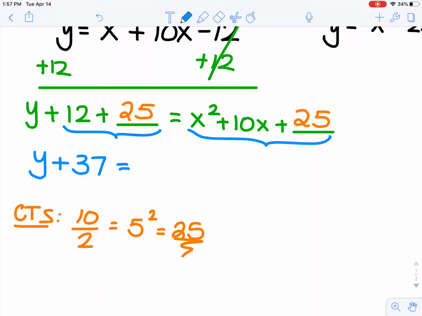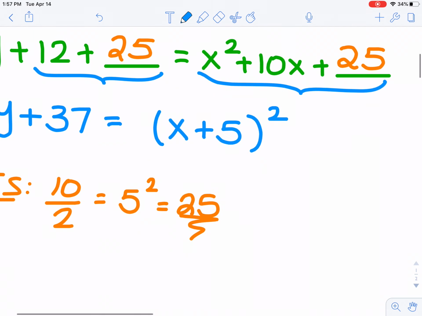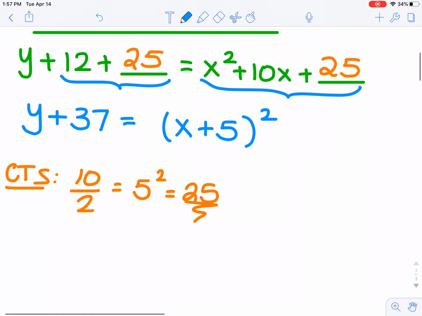It factors, and it will always factor to the same thing twice. That's why we call it complete the square. We made it a perfect square trinomial. So this is going to factor to x plus 5 and x plus 5, which is the same as x plus 5 quantity squared. All right, so one trick is that when we went and divided this middle number by 2, whatever that number is the number that goes in the parentheses that's squared.